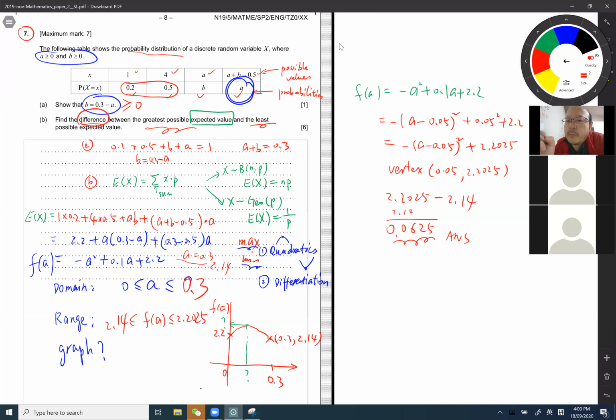For the maximum, you can also try this way: differentiate, negative 2A plus 0.1 equals 0, A equals positive 0.05. That's this question.